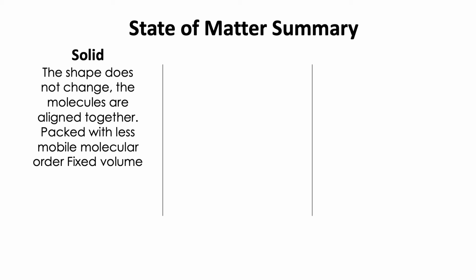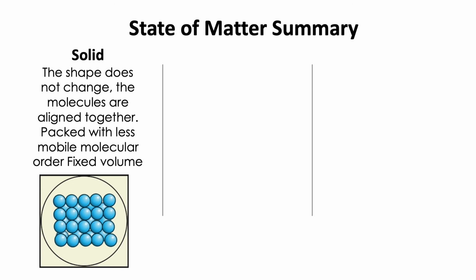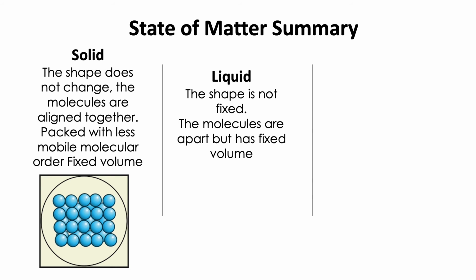So the volume doesn't change, the shape and the mass don't change. Like this, you can see the molecules stick together and it hasn't moved. So that is the solid.